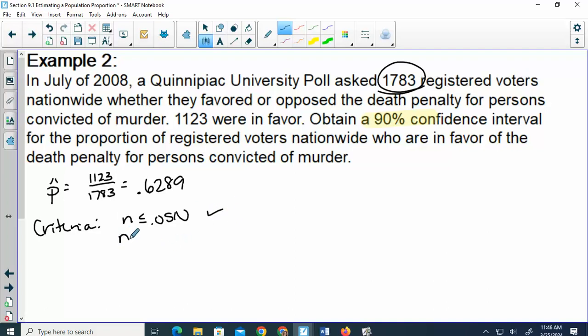Second one, we need to check n times p times 1 minus p greater than 10. So if we do that, our n was 1783. P, in this case, we have to use the p-hat. We don't have any other p values given.